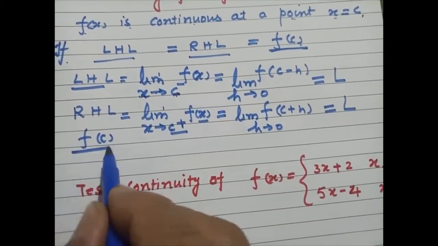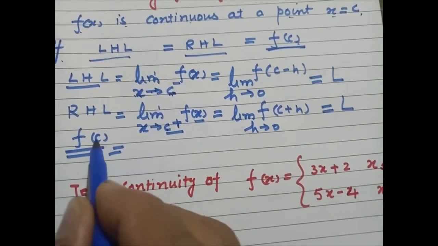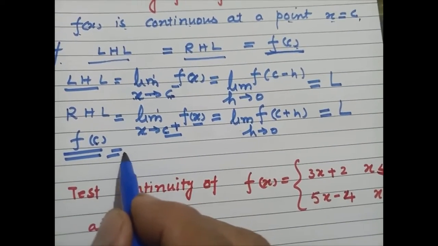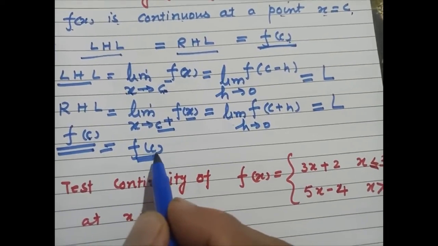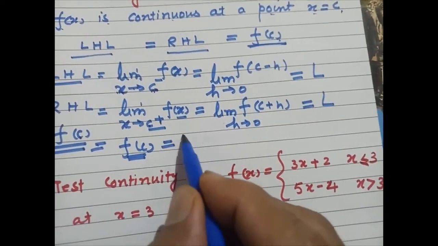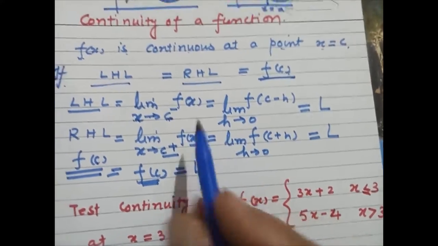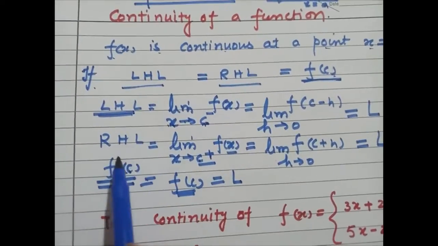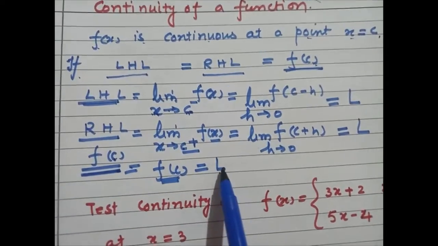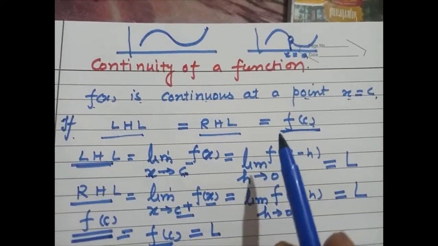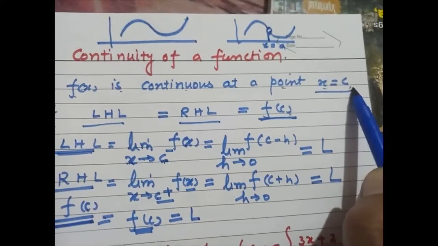Now what is the value of function f(c) at point c? We'll evaluate according to the function given here. Its answer should also be L. So if your left hand limit is equal to right hand limit equal to value of the function, then we say the function is continuous at the point c here.